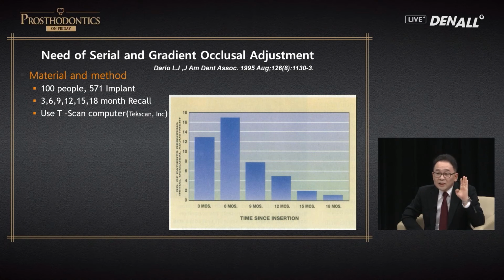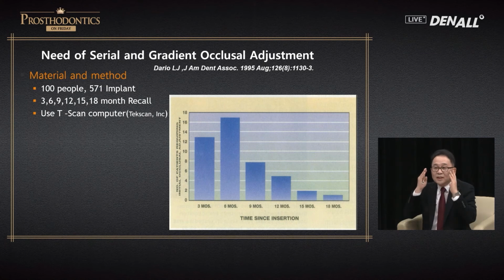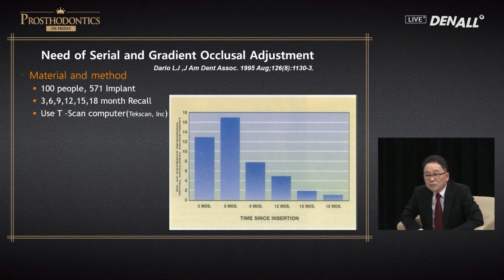At recall, we have to do occlusal adjustment. Even though the implanted situation remains the same, the structure can be changed in the mouth due to the natural teeth change. Until the occlusion is stabilized, the occlusal adjustment should be done. So after a year and a half, the adjustments can be reduced.